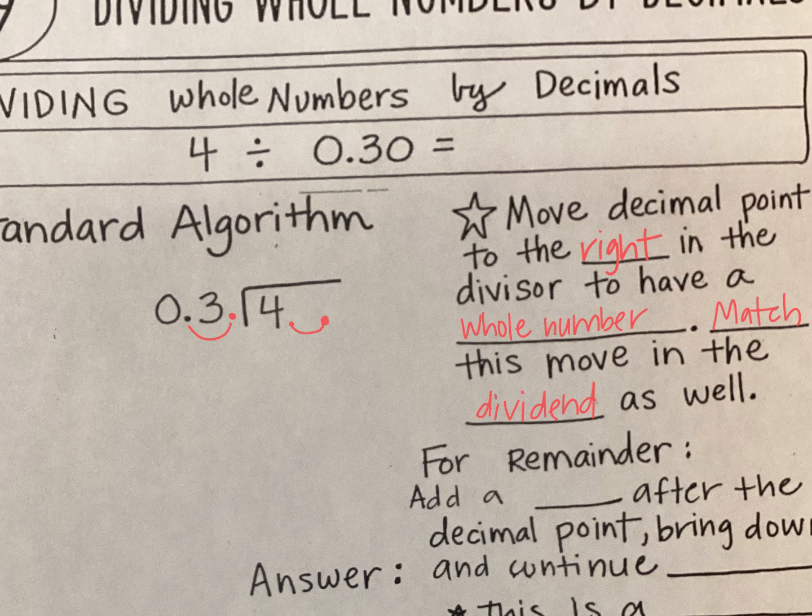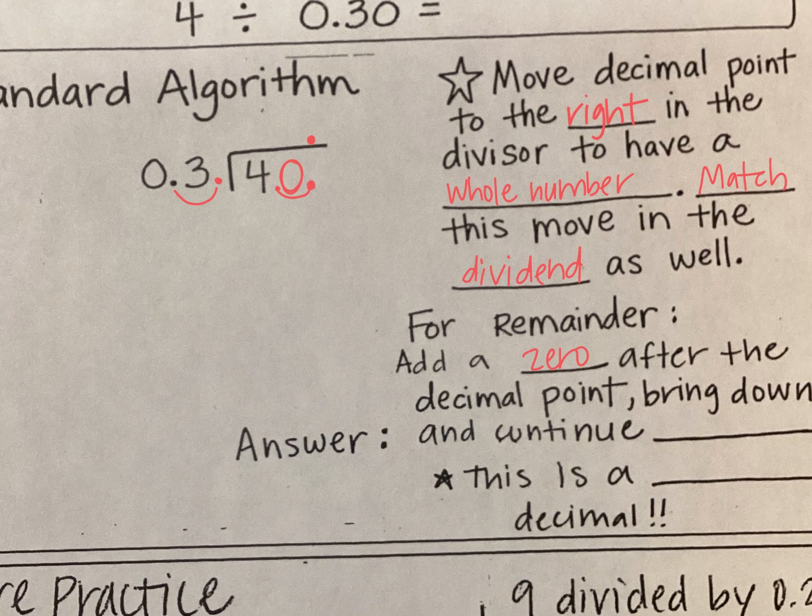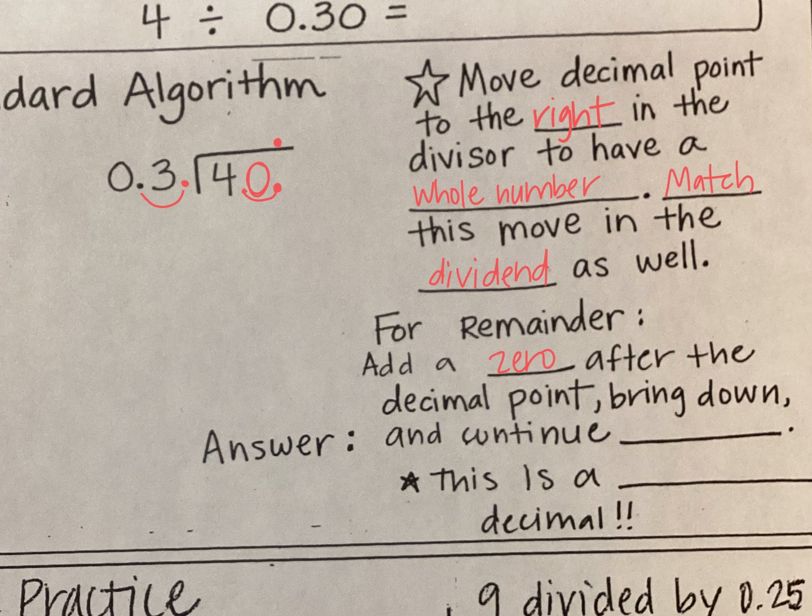So my decimal will end up here and I pop it to the top. Plug in that gap with 0, the hero. Now, we're going to add a 0 after the decimal point, and we will continue dividing. So we're going to practice this several times so that you get the hang of it.